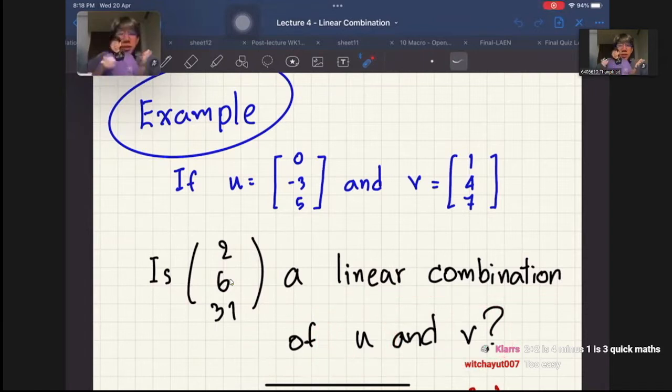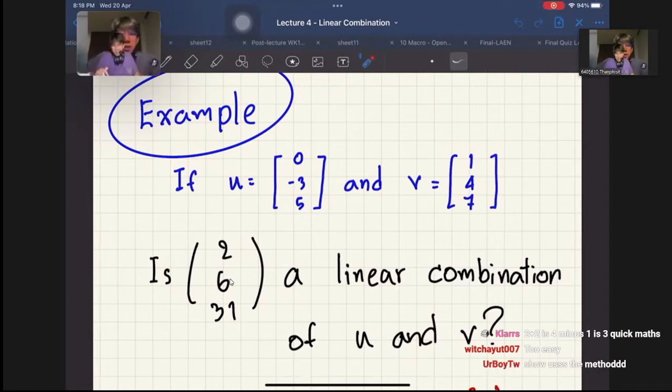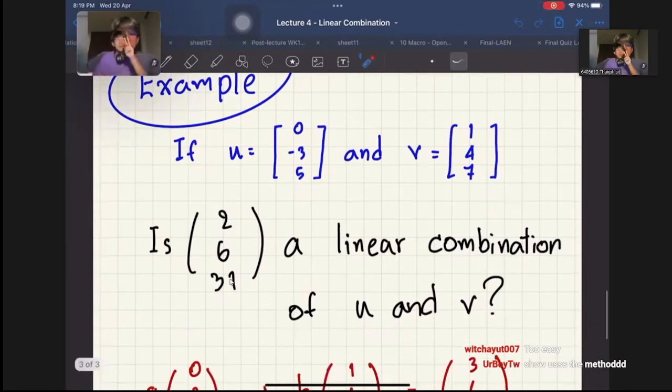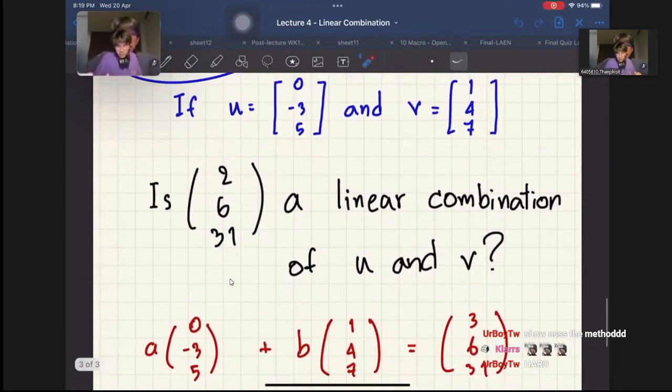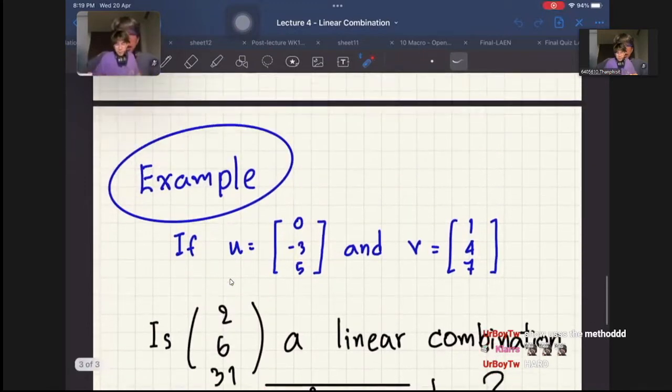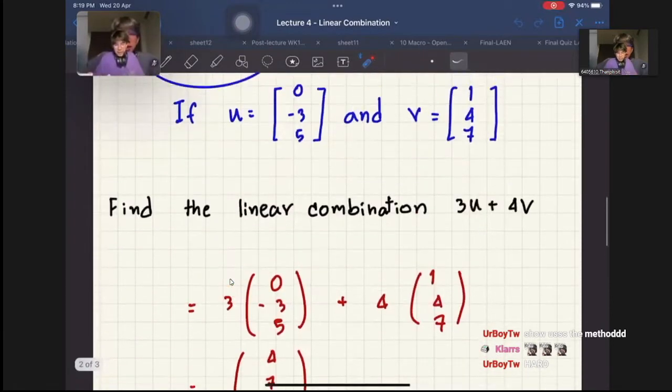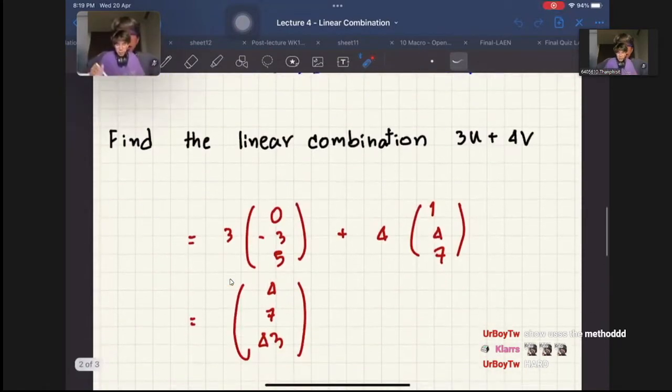How to check whether this vector is a linear combination of vectors u and v? There are two ways, and I will show you both. The first way is from the last example. We will write it into this form.